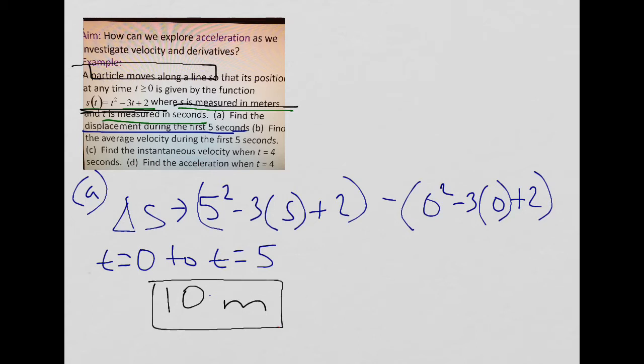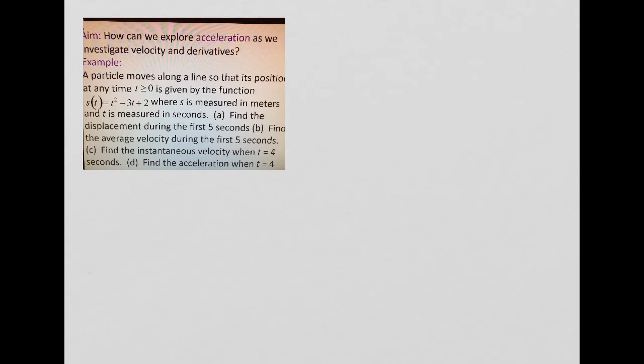Okay, so let me erase some of this ink because it's getting a little sloppy in the problem, and we're up to part B. Okay, so part B says to find the average velocity. So again, we've done this in a previous problem, and it says the word average, okay? We're not looking at instantaneous velocity or velocity. You're actually just doing your difference quotient.